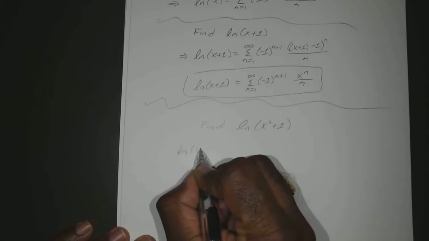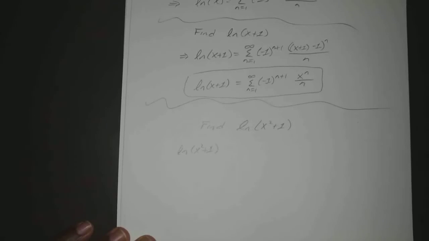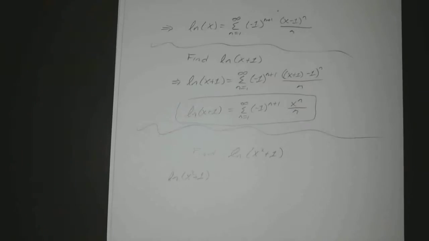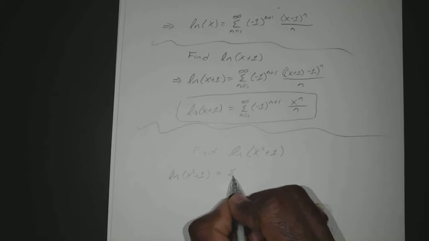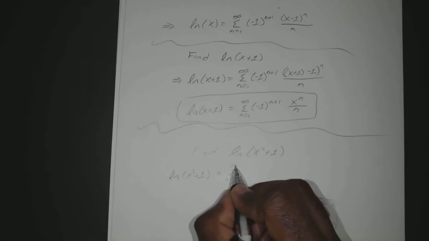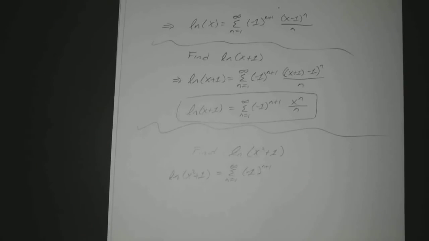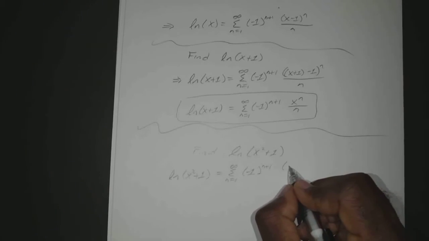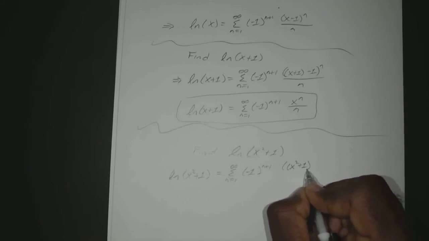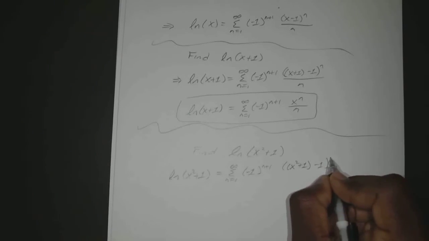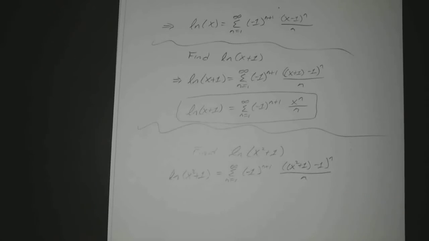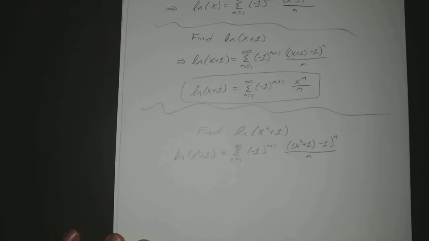So our natural log of x squared plus 1, using this one, is equal to the sum from n equals 1 to infinity of -1 to the n plus 1 power times x squared plus 1 minus 1 to the nth power over n. Okay. And again, the plus and minus 1 cancel each other out.